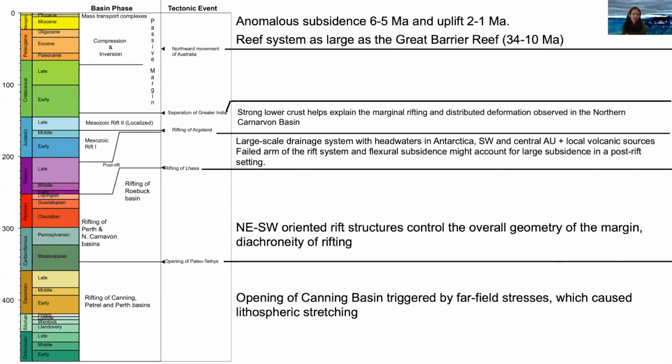Then in the Carboniferous and the Permian, we have northeast-southwest oriented rift structures that control the overall geometry of the margin, and we have this diachronicity in the rifting. Then in the Triassic, we have these large-scale drainage systems with headwaters in Antarctica, Southwest and Central Australia, plus local volcanic sources.